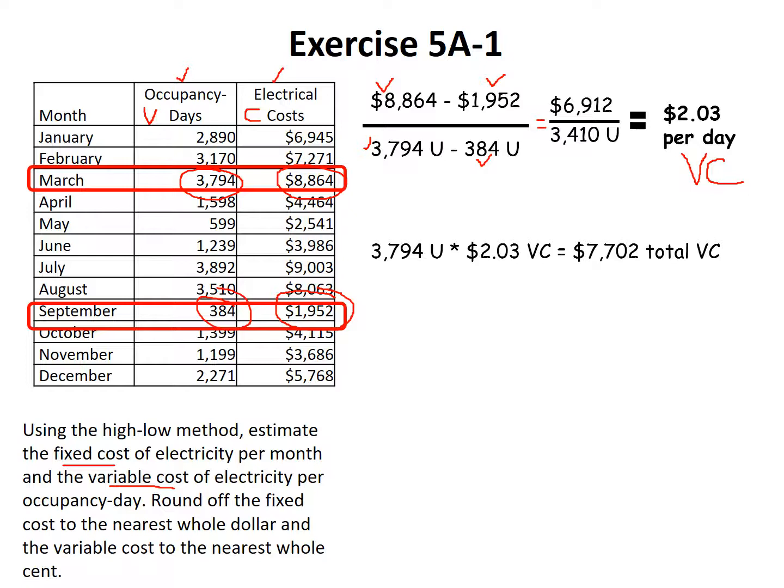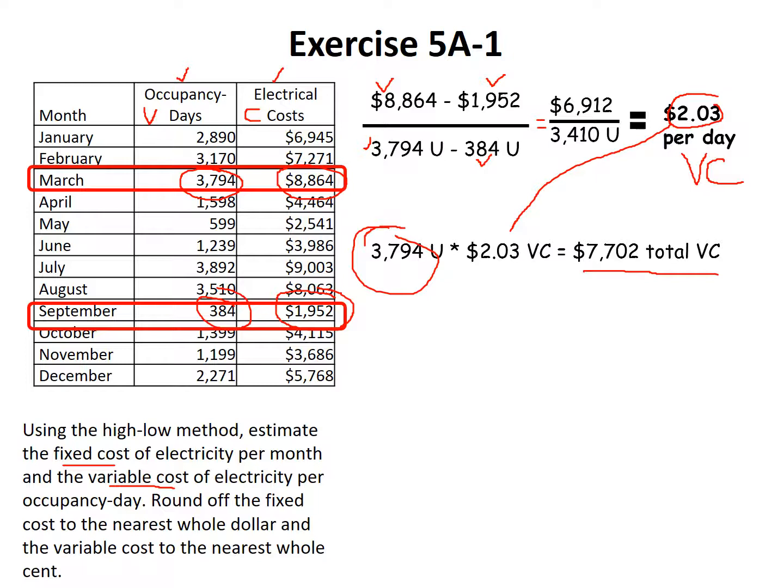I take the 3,794 days, the unit volume, and multiply it times the variable cost that would be occurring per unit, 2.03, and I come up to a total variable cost in March of $7,702 of variable cost.